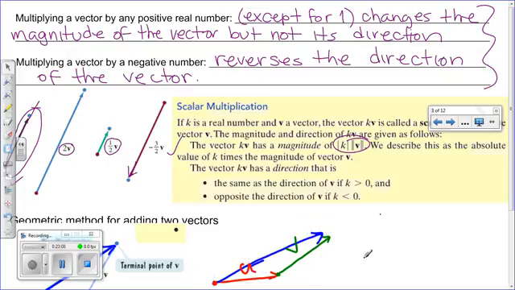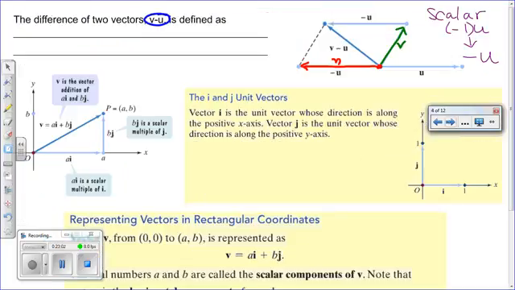So now when we go to the subtraction, not only do I have to reverse the direction, but then if I position them that way, here's where you can see the parallelogram, okay? So remember the rule. Maybe I should write it.